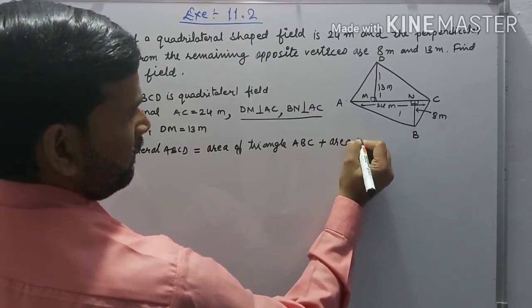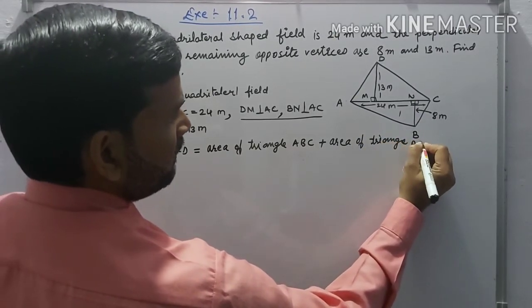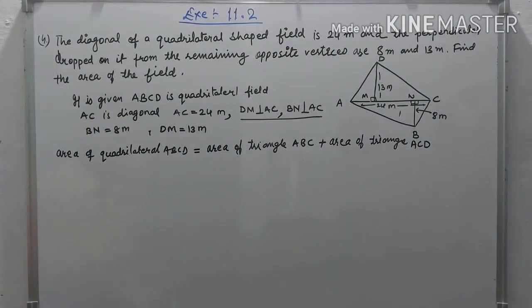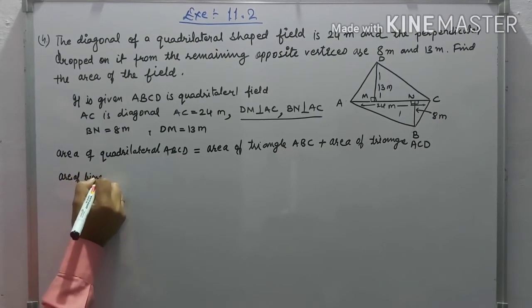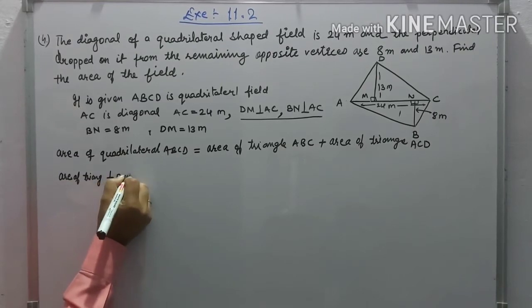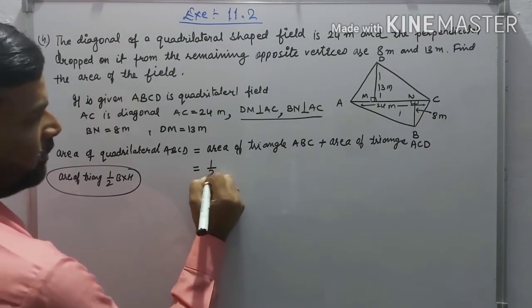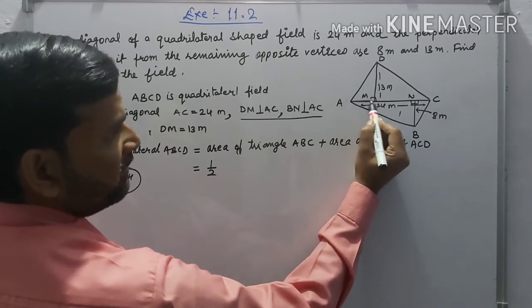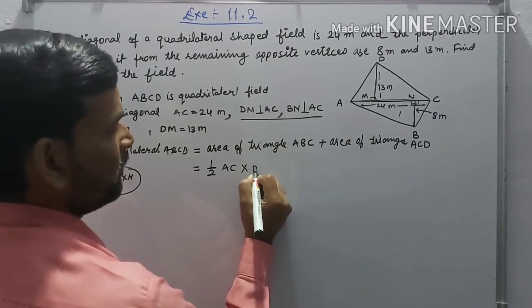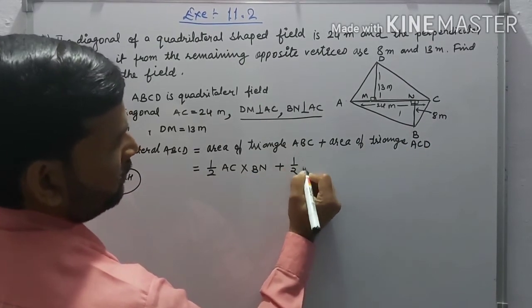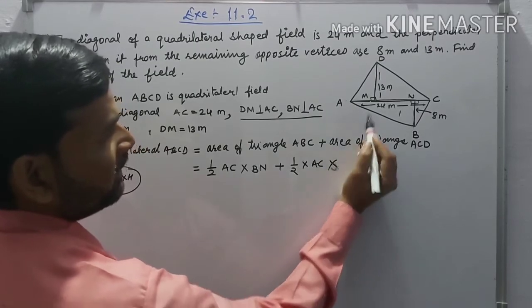You understand the area of a triangle is 1 upon 2 base times height. So the first triangle is 1 upon 2 times base AC times height BN, plus again 1 upon 2 times base AC times height DM.